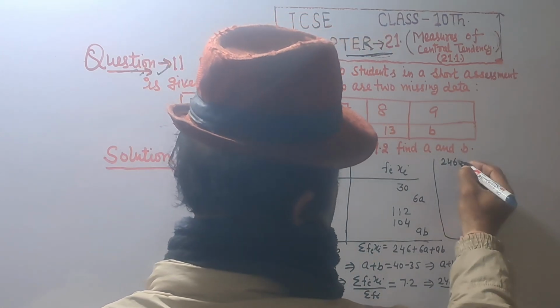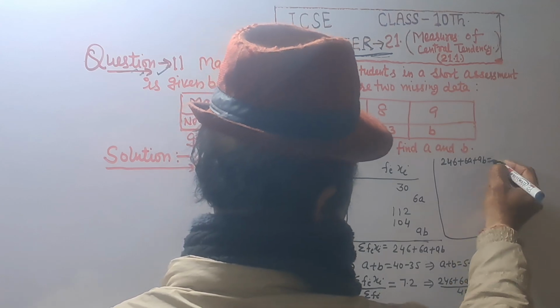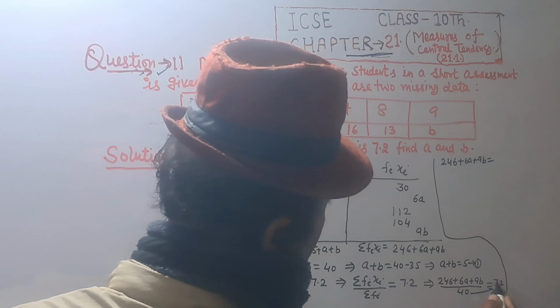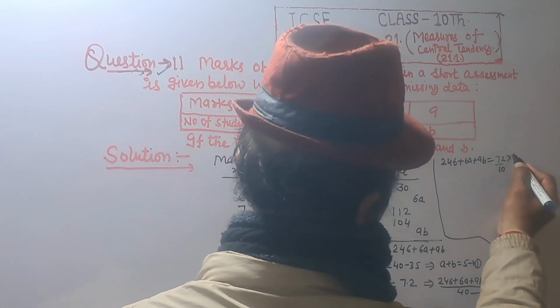246 plus 6A plus 9B equal to 40 multiplied by 7.2, that is 72 upon 10 into 40.